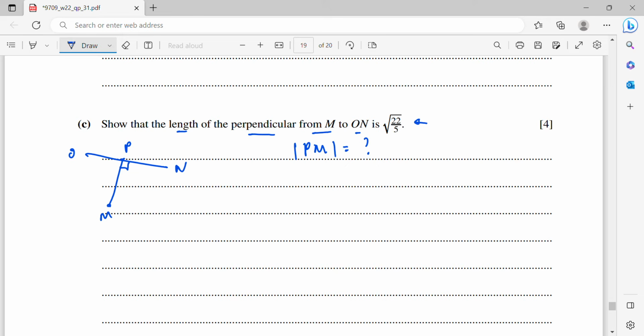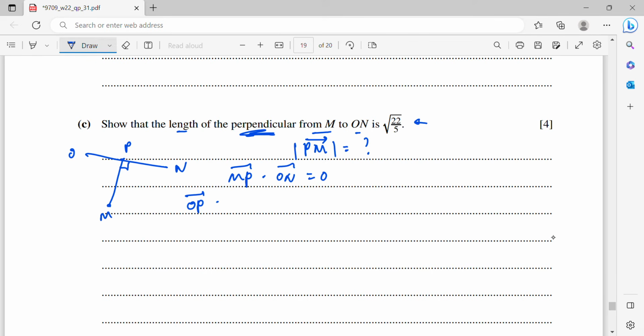Right? So now, first of all, get the OP vector. So before that, let's look at the diagram. Since it is perpendicular distance, that means vector MP dot vector ON will be 0, which is the property of the perpendicular. So now, OM is already found in the first part, and now we need to find the OP.